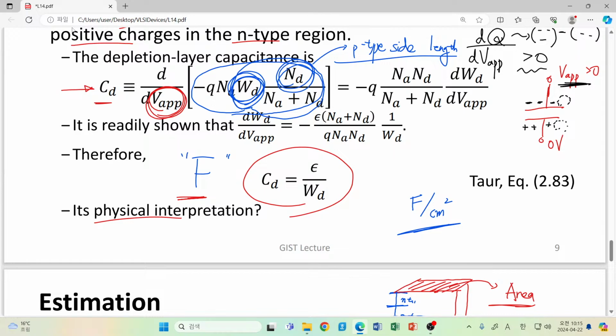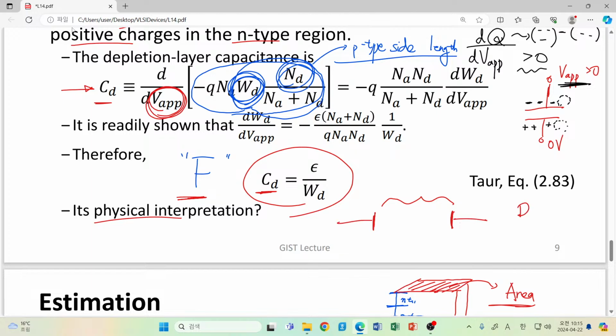Although we have spent quite a lot of time, this C is always related to the difference. This is not collecting the charge itself, but just considering the additional amount of charge obtained by the additional applied voltage. So we have no idea about the Q distribution over this area in the current situation.